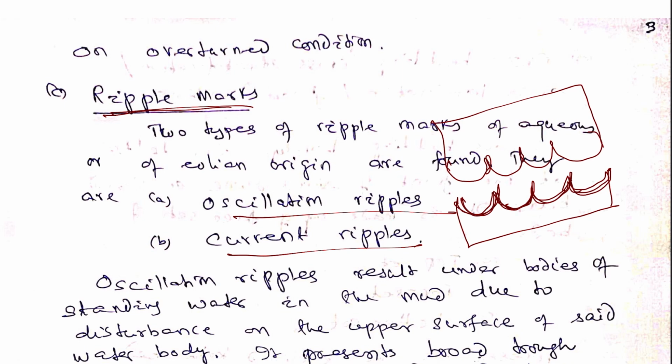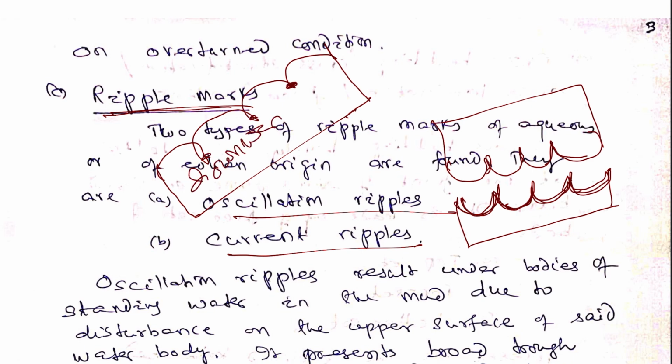The crest will be pointing towards top. But in any horizon, in a rock bed, we find that this is showing this type of structure. That means this sharp end is pointing downwards. It is a clear case of overturning of beds.